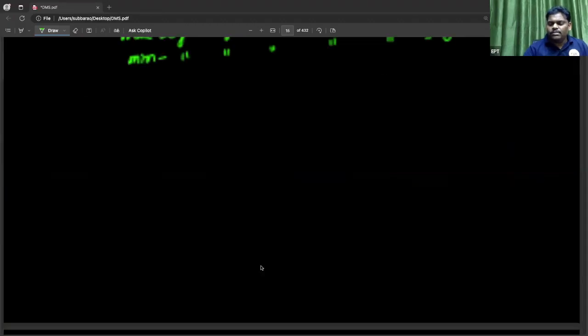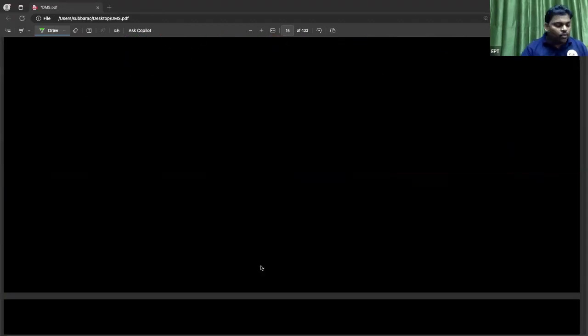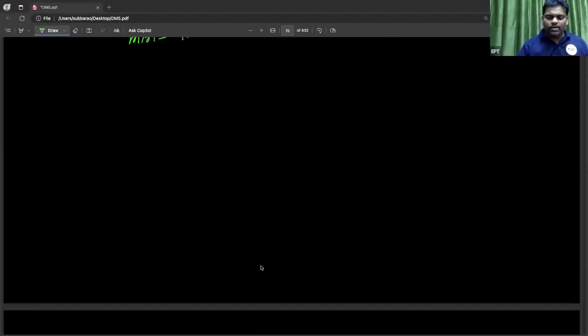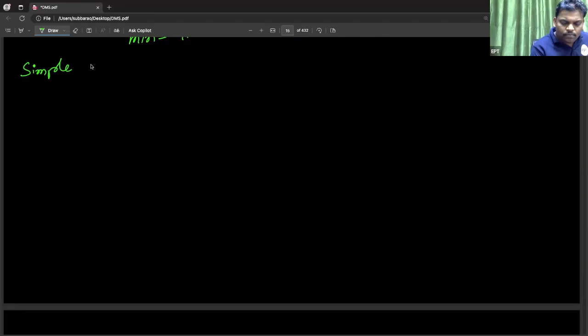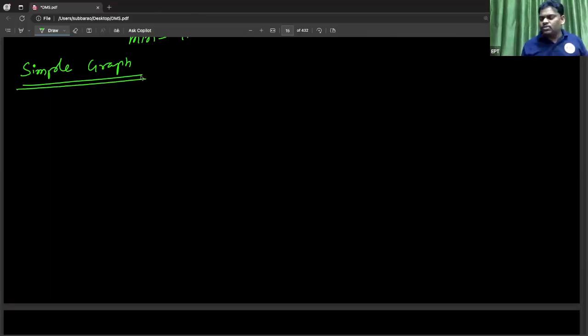If something unnecessary, that is called a multigraph. Now our discussion, careful everyone: only simple graphs. Write down, we will discuss only simple graphs.